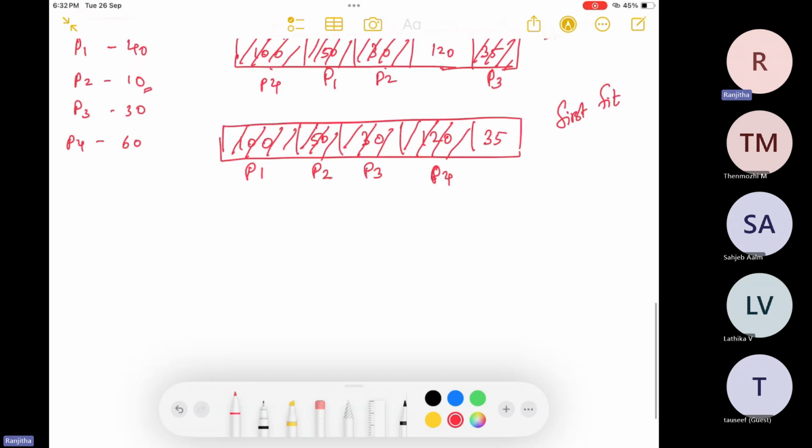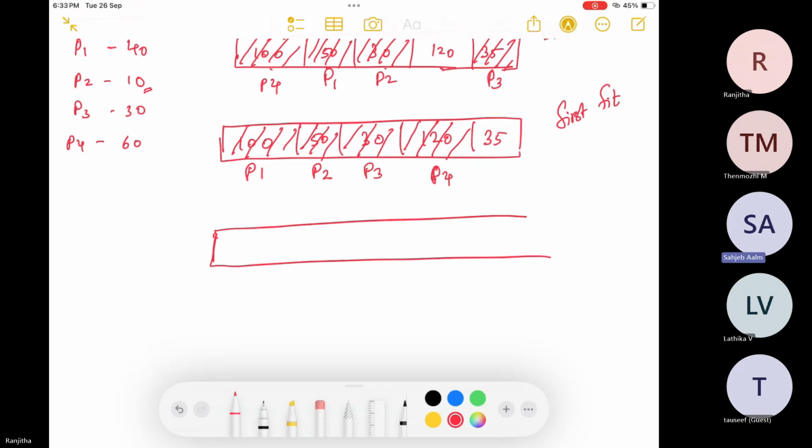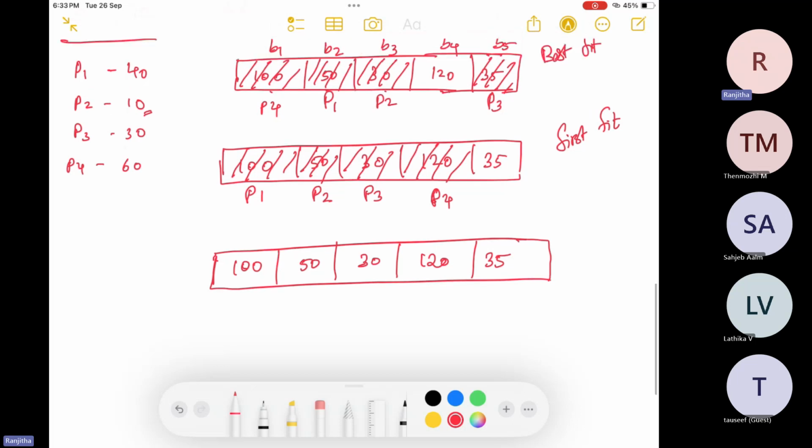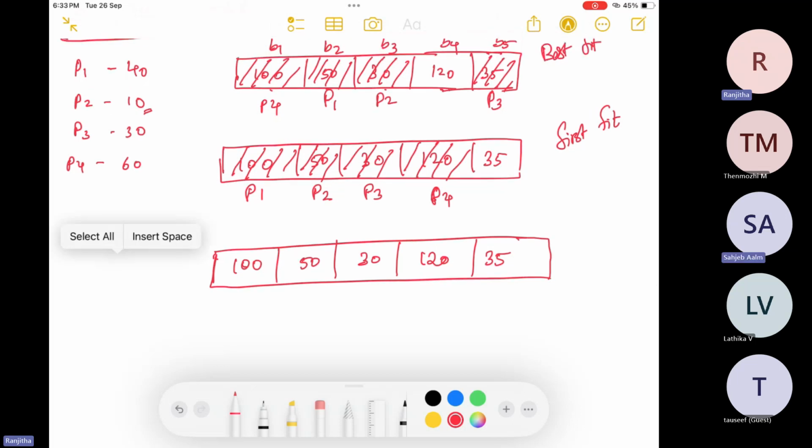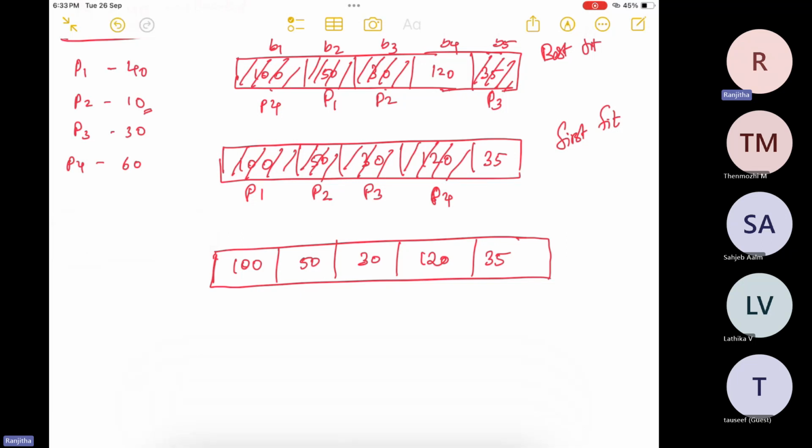Let's see how the worst fit will work on the same blocks: 100, 50, 30, 120, and 35. In case of worst fit, we take the largest one available. So P1 will occupy the largest block, 120.